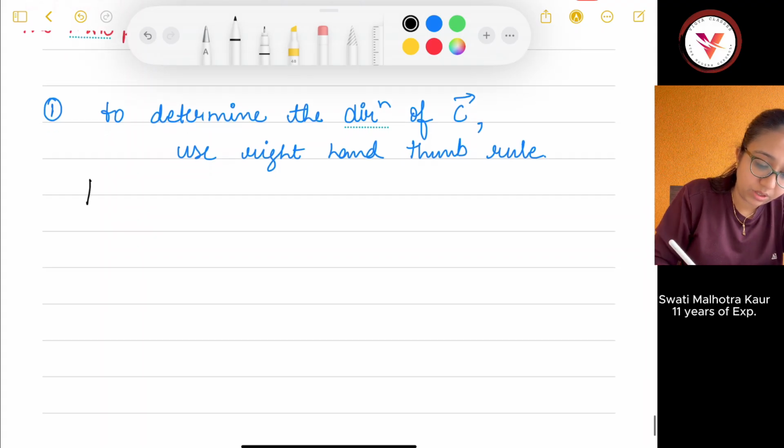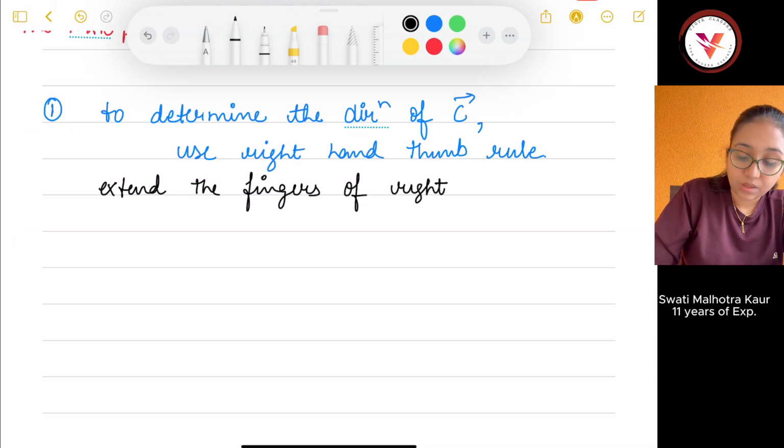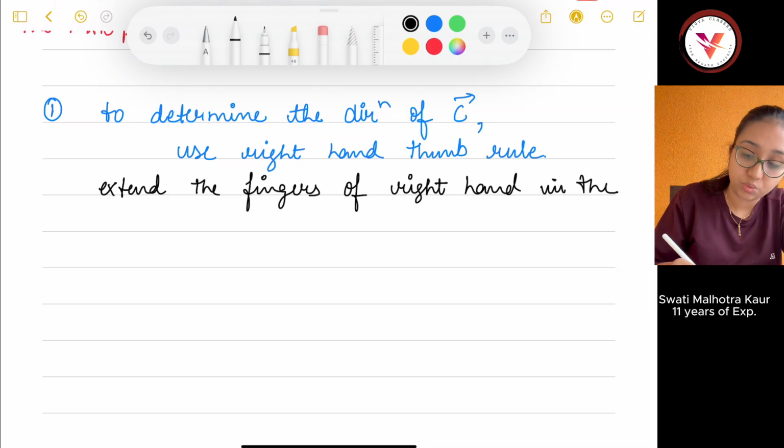So extend the fingers of your right hand in the direction of the A vector. I am writing in terms of that A cross B only.